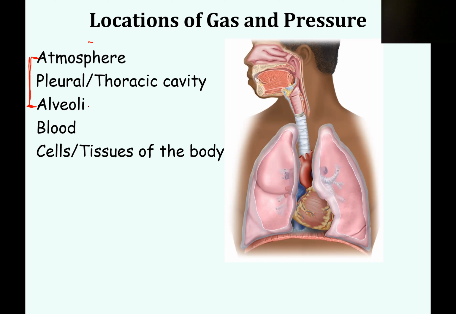There's gas exchange between the alveoli and the blood, and there's gas exchange between the blood and the cells of the body. The pleural and thoracic cavity is important because it's going to help with changing pressures between the atmosphere and the alveoli. But those are your three gas exchanges.